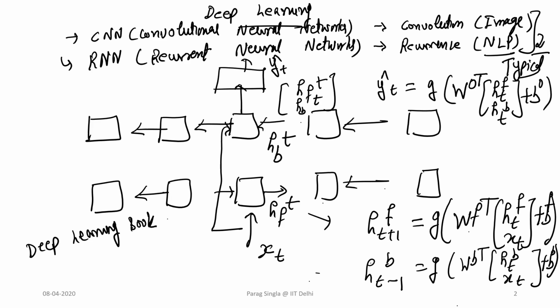I will post a link on the website, and if you look at section 10.2 there, it describes this basic recurrent neural architecture. I think the notation there may be different, but this is basically the architecture that they describe in this section. I must say that variations have been proposed.